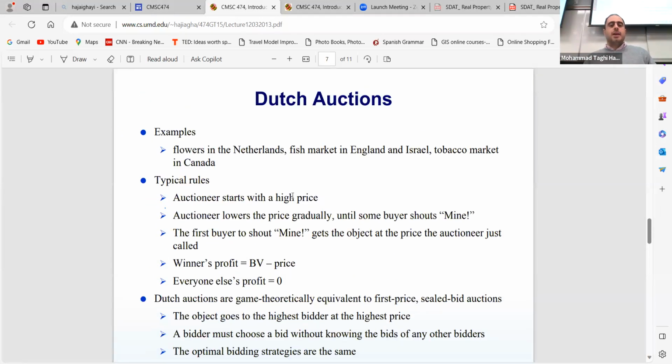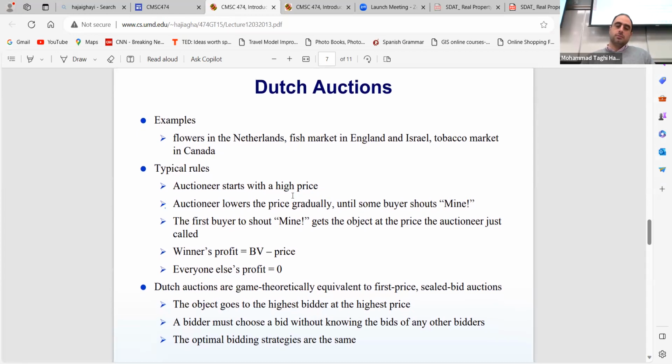So another one we want to talk about is the Dutch auction. Dutch auctions have been used for flowers in the Netherlands. You know, the Netherlands is known for its good flowers.